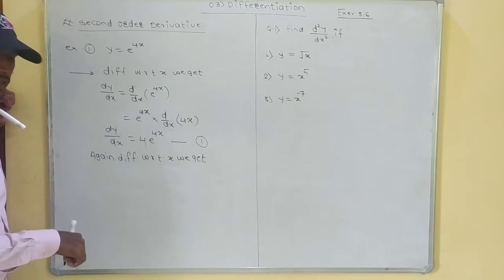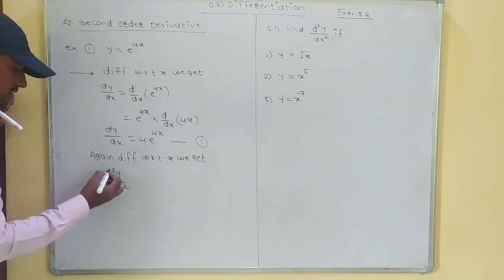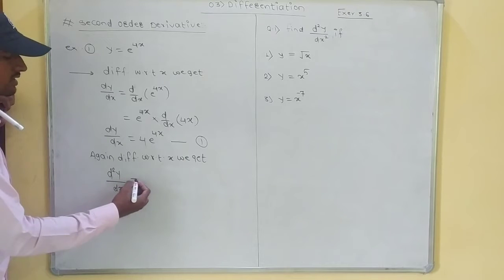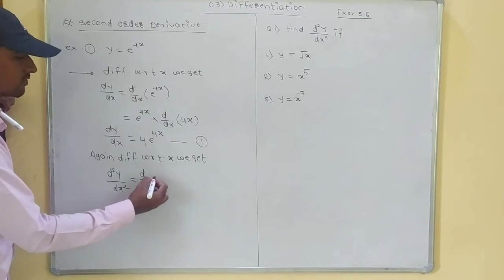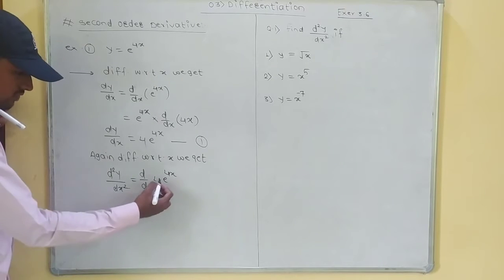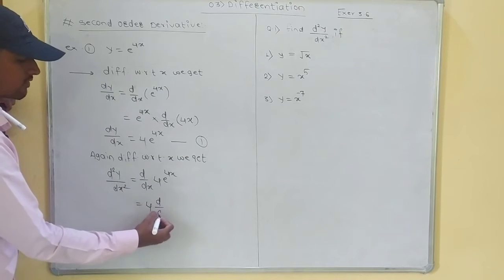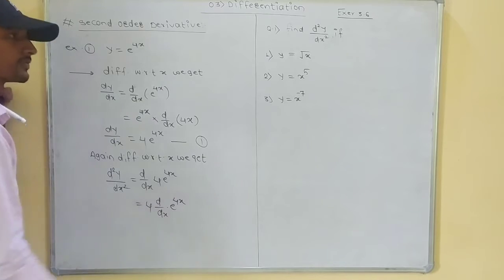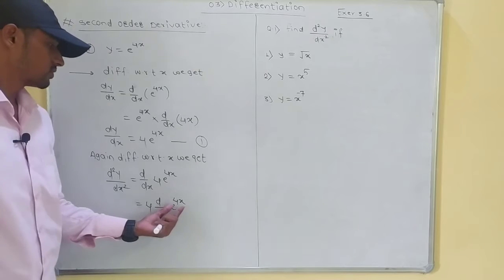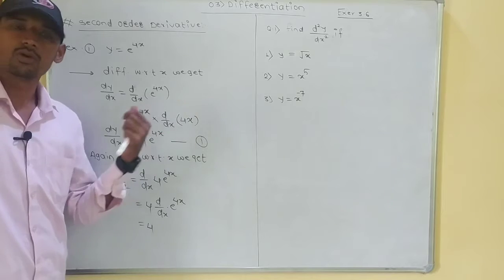So the second order derivative is d square y by dx square. Second order derivative is denoted by d square y by dx square, and which is nothing but the derivative of 4 into e to the power 4x. So 4 is constant, so take it outside: 4 into derivative of e to the power 4x. Now we know the derivative of e to the power 4x, calculated above, is 4 into e to the power 4x.